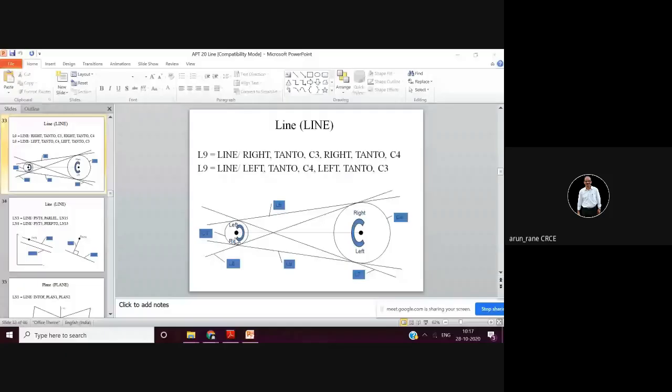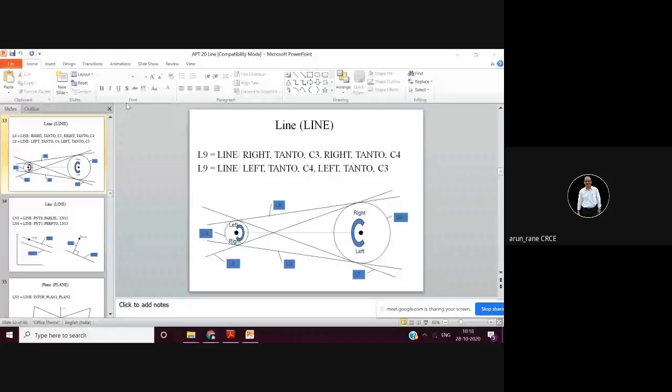So it depends which direction you are viewing, whether you are looking from here or from here. The convention is you have to look from left to the right. Like, suppose a spindle is a simple example. Consider a shaft is rotating towards you, like this.